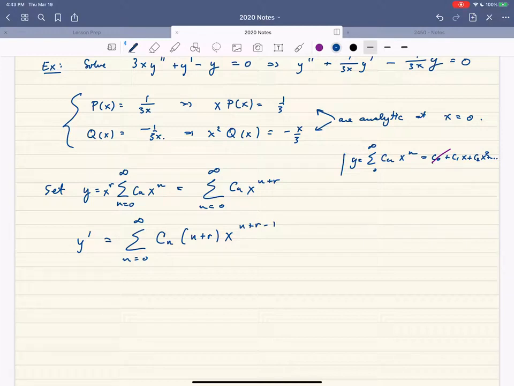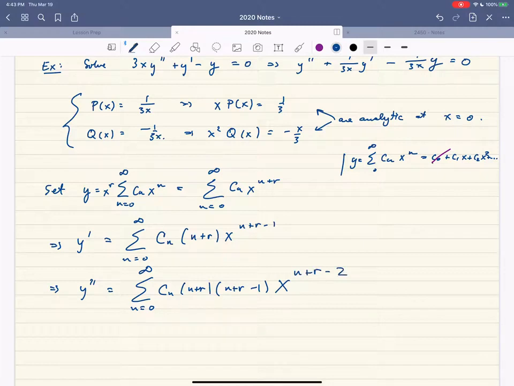That's y prime, and y double prime is going to be also the sum starting at 0 of c sub n, n plus r, times n plus r minus 1, x to the n plus r minus 2. So all of our series actually start at the same value, n equals 0.